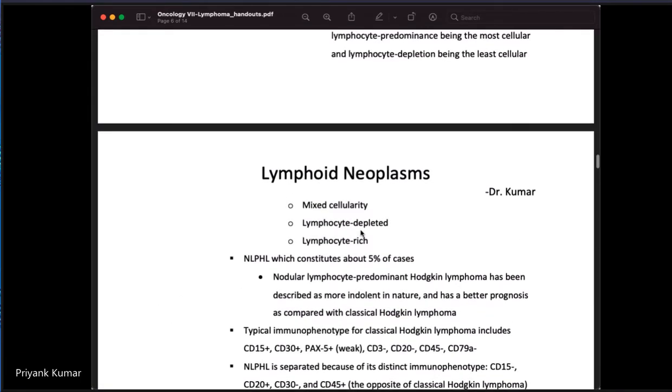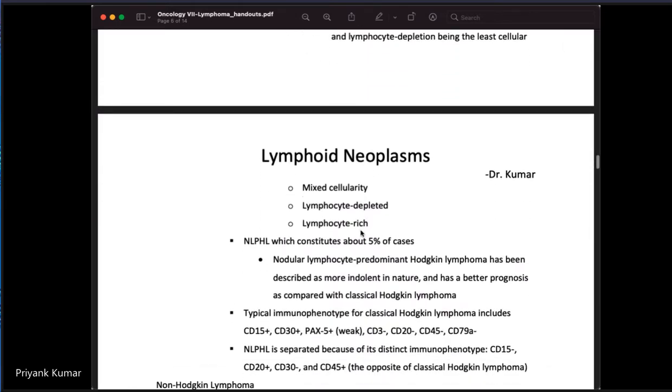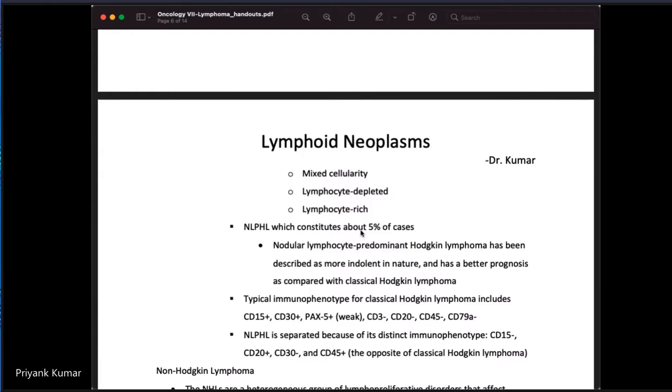Up till now we talked about the classical Hodgkin's lymphoma that is further subclassified into nodular sclerosis, mixed cellularity, lymphocyte depleted, and lymphocyte rich. Then the second type is nodular lymphocyte predominant Hodgkin's lymphoma.